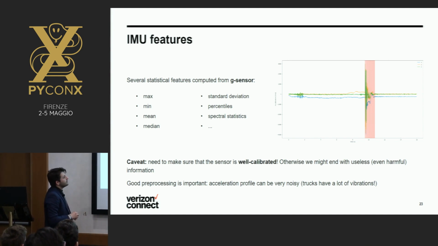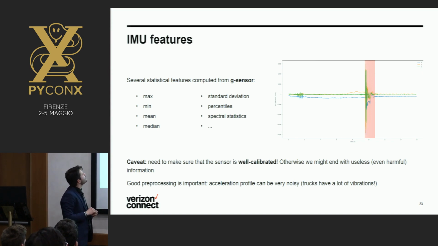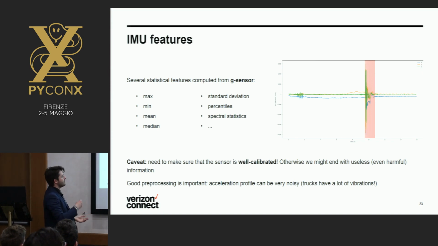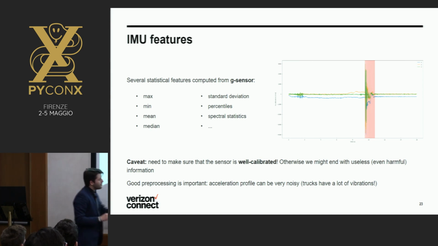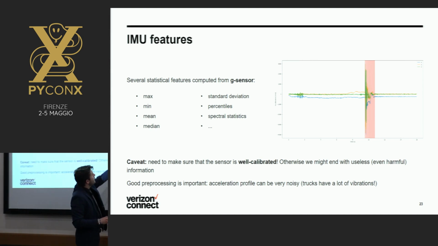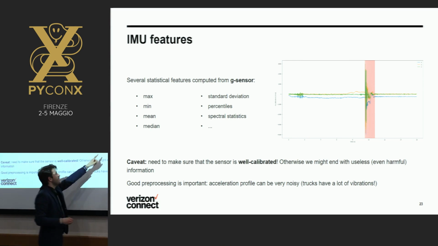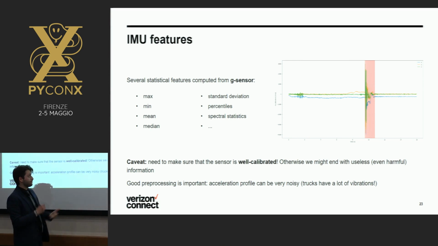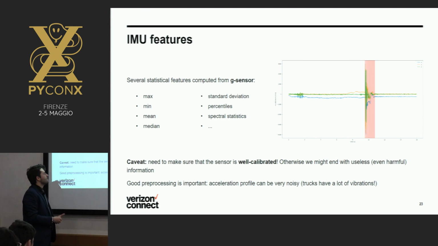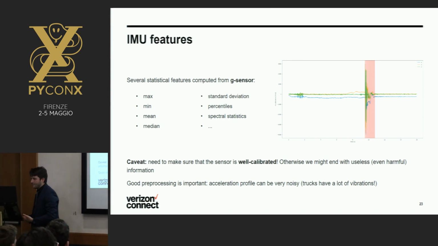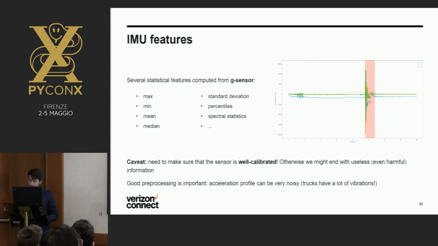And we extracted quite simple statistical features from the accelerations: max, mean, median, frequency statistics, and so on. As you can see from this image, this is a crash, and the signature of the acceleration is quite discriminative. So it's a good idea to add this data into the classifier.